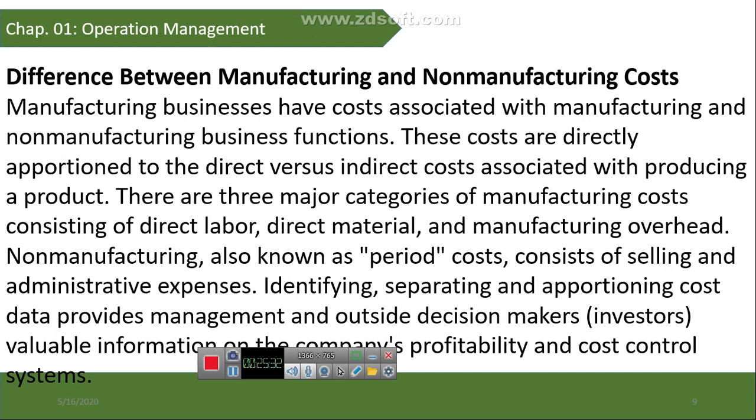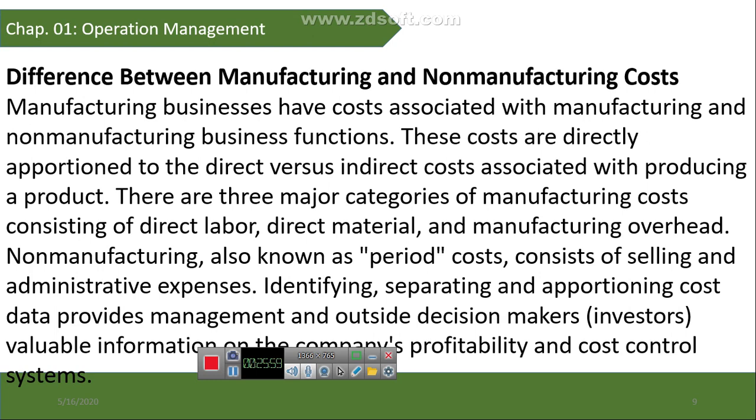For instance, a publishing company considers ink and paper as a direct material cost. However, an auto parts manufacturer considers steel and plastic as a direct material cost, and the ink and paper used to design the parts pages are considered non-manufacturing cost, meaning period cost.